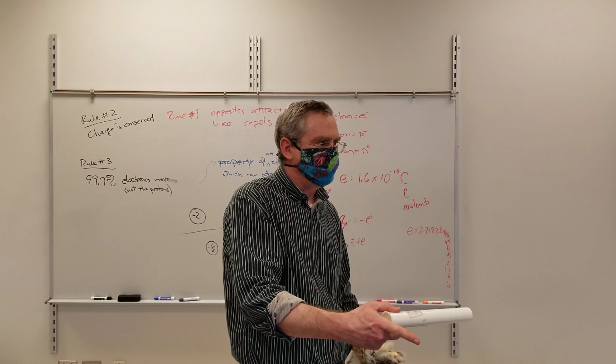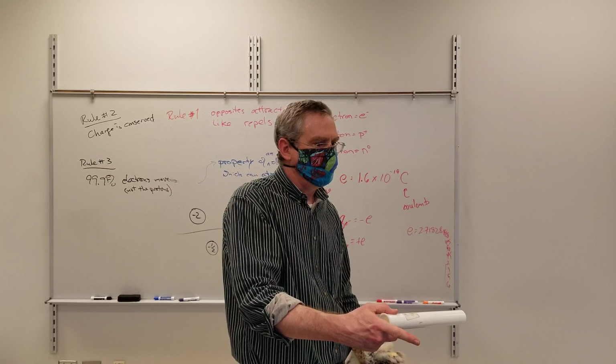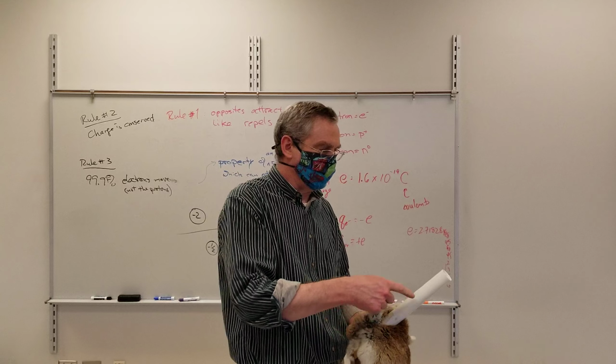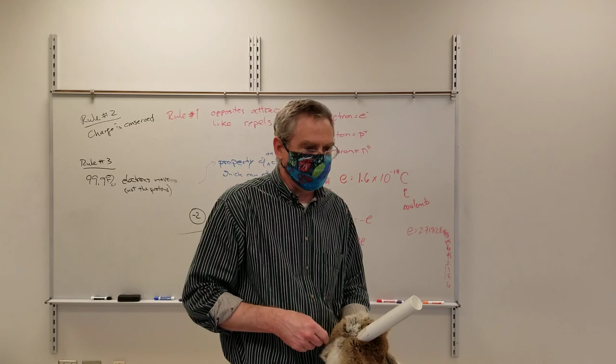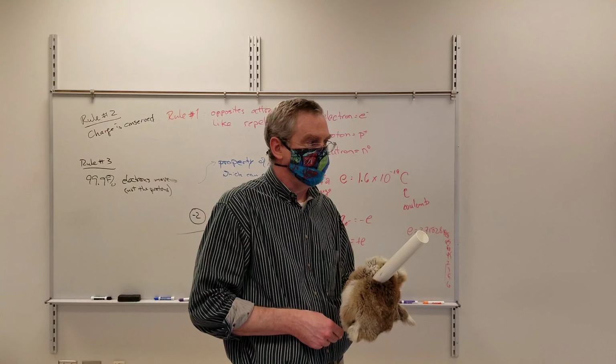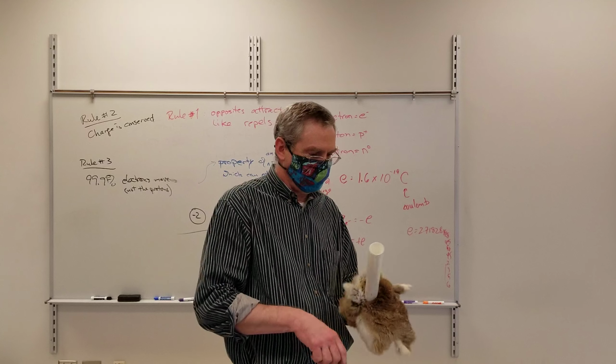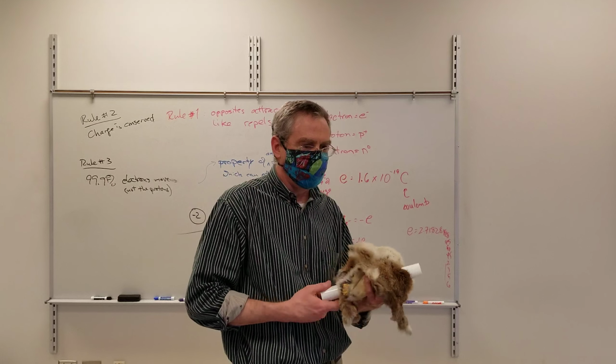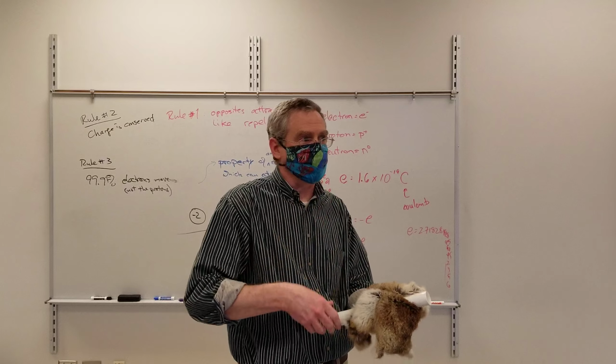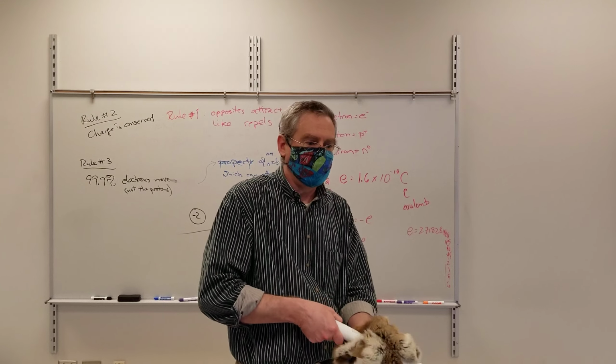Are electrons moving to the straw to repel it? Electrons jumping from here to there? Yeah. Did you see or hear a spark? No. That was just static electricity. So if the electrons did jump, that's what we call a spark. That did not happen.